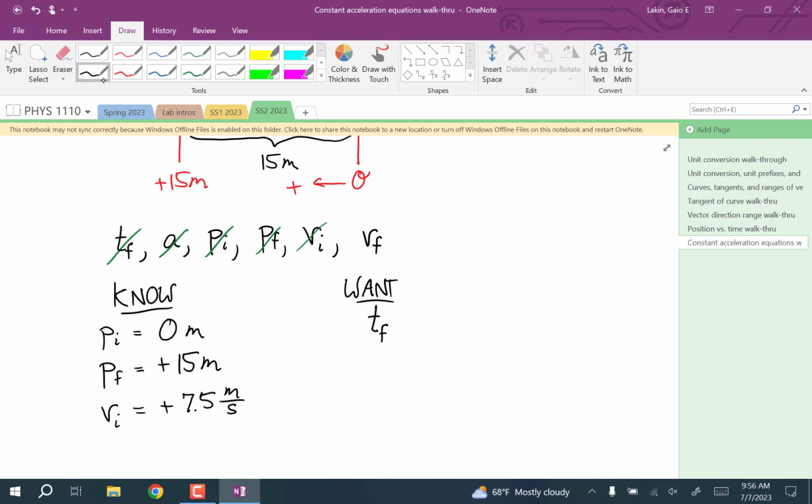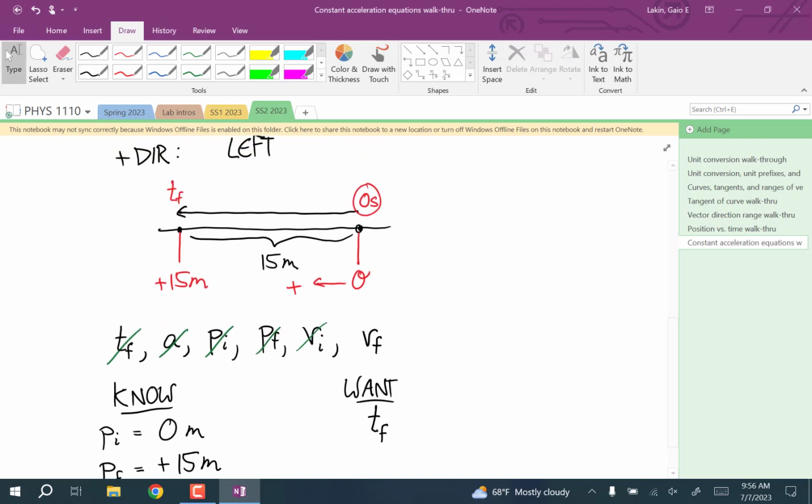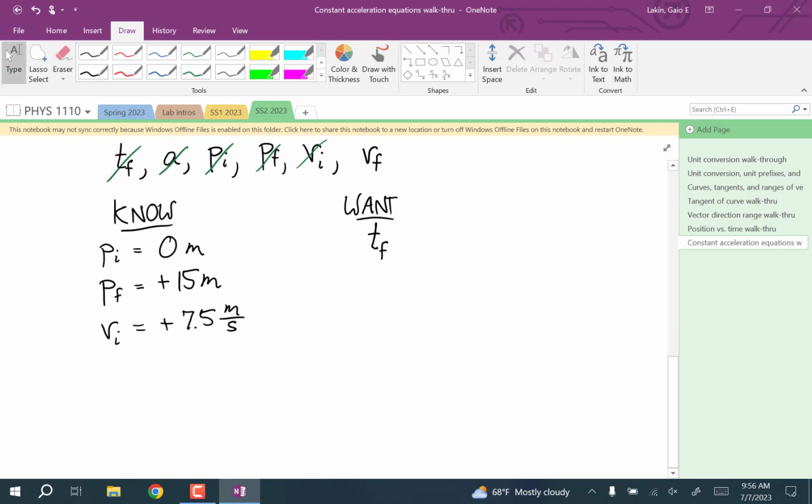And then last, do we know the final velocity? That's the velocity at time final. If you look at this little diagram, we're looking for the velocity when the object is here. And we're told in the problem that it's at rest, so v final there is equal to 0. Okay.